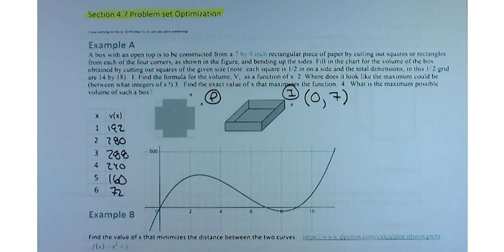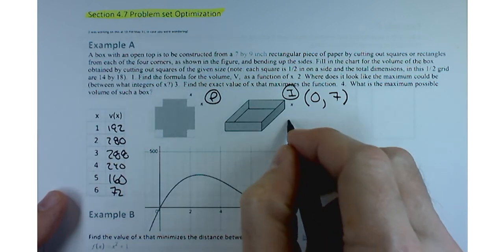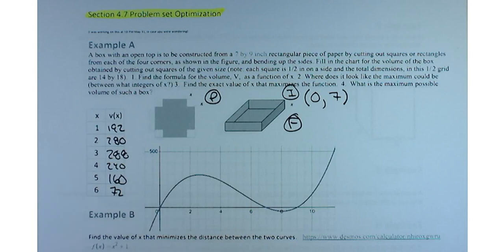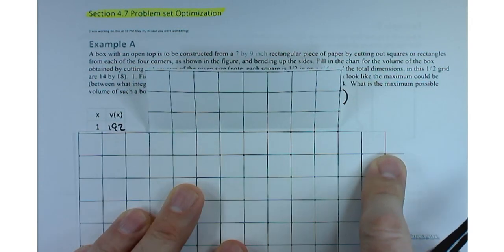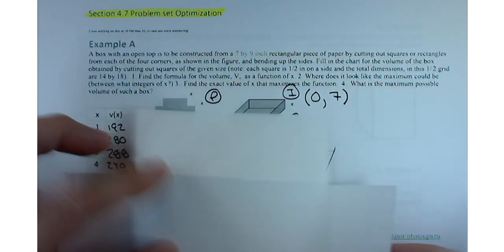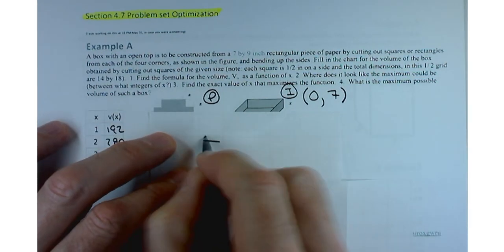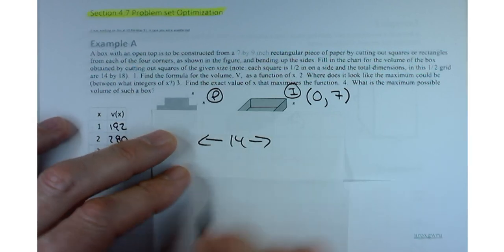Now, the function itself, that's going to be this part. We got to figure out a function for this. So let's go back to our little figure here. The original dimensions of this are going to be 14 by 18. So 14 that way and 18 this way.